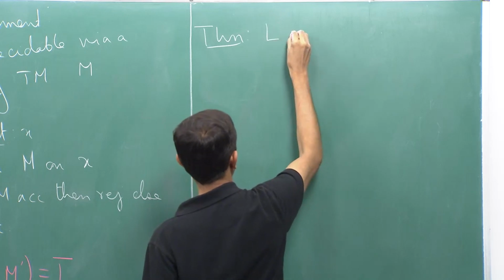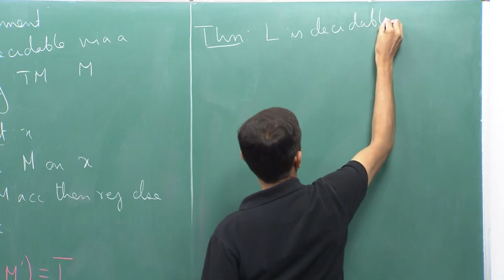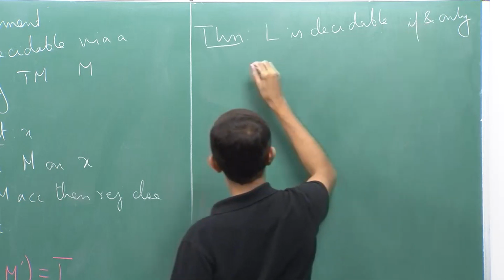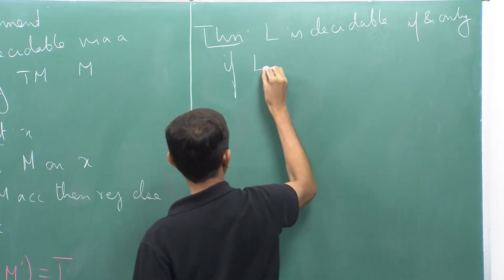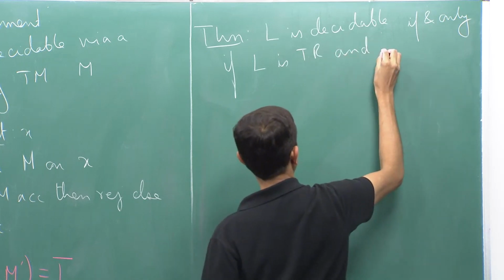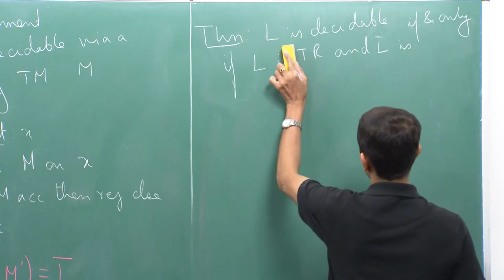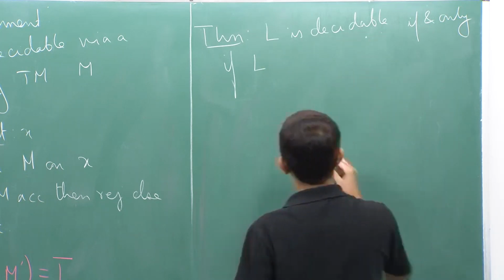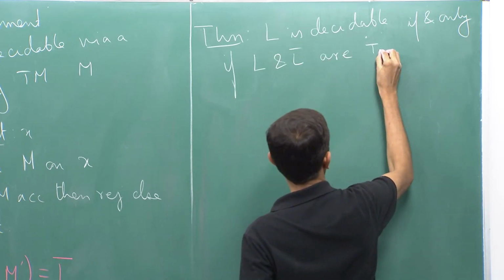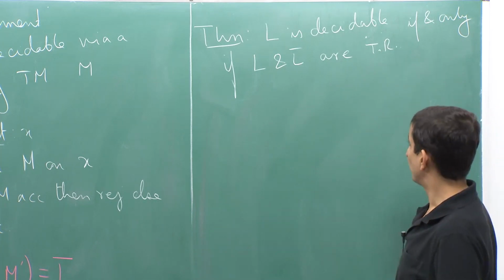L is decidable if and only if L is Turing recognizable and L complement is Turing recognizable. Okay. So, let me put it this way. L and L complement are Turing recognizable. Okay. So, what is the proof?